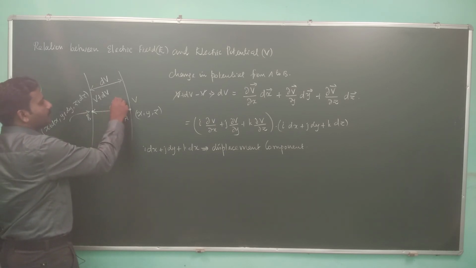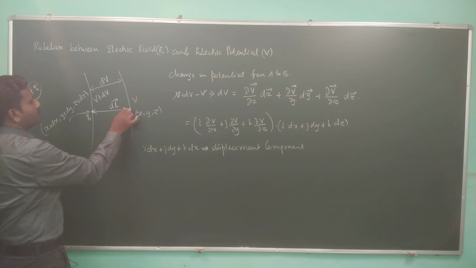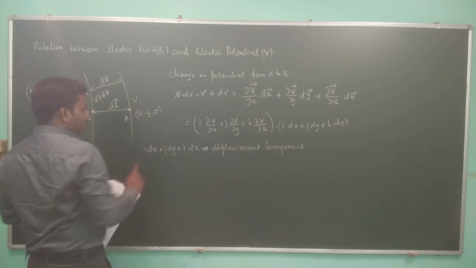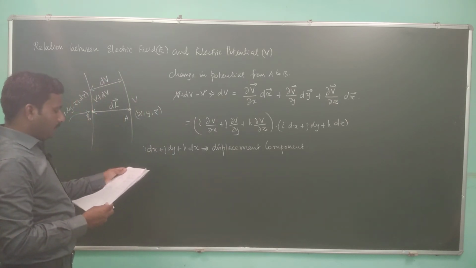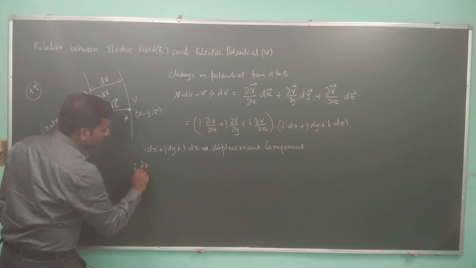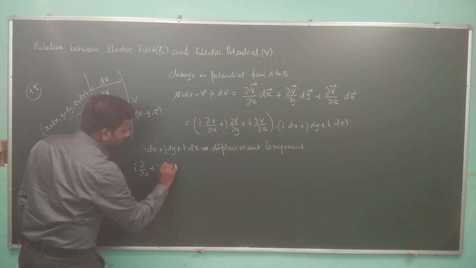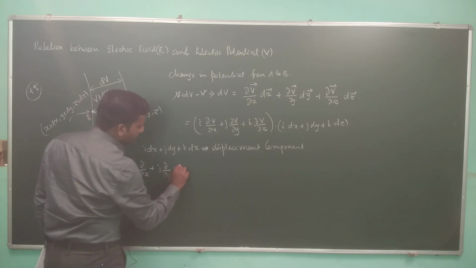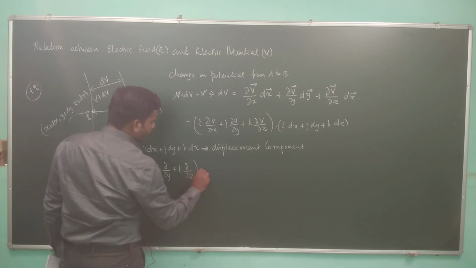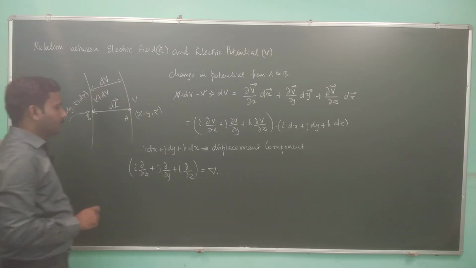This dl is a vector directed from A to B, and this is that component. And i dou by dou x plus j dou by dou y plus k dou by dou z is denoted by del, the gradient.